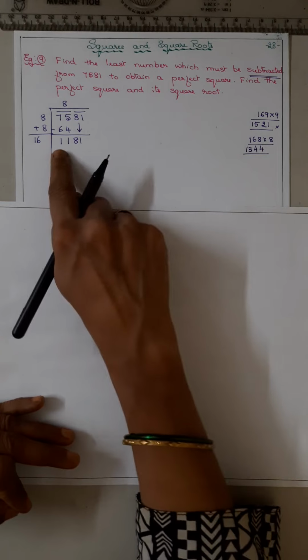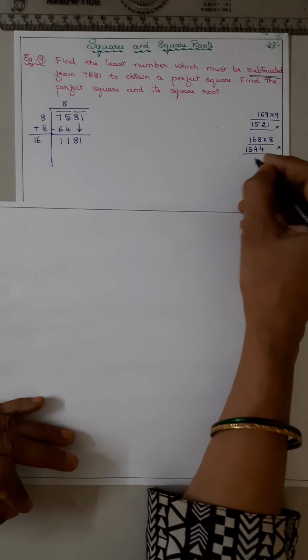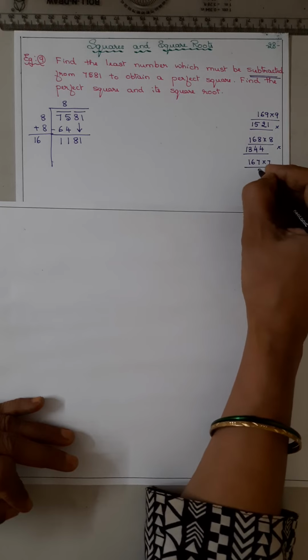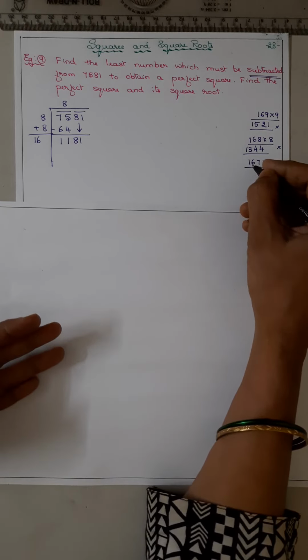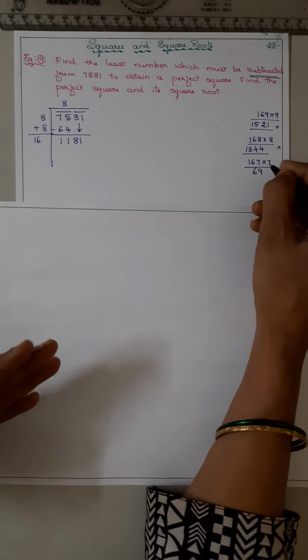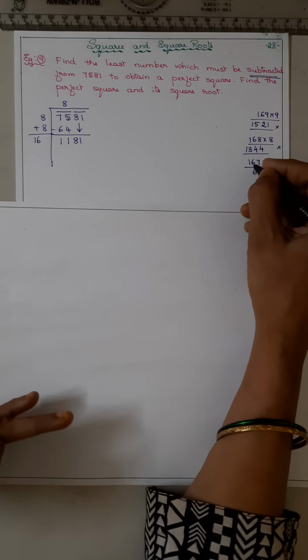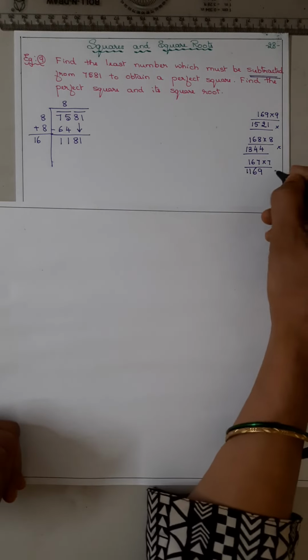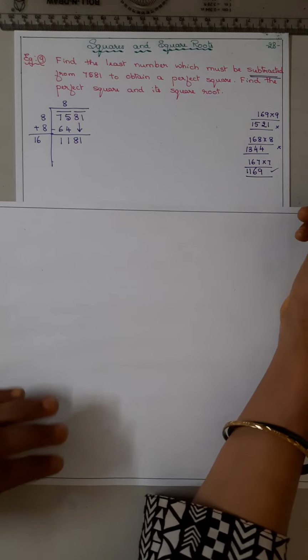Again it is a bigger number? No. So try with the 7. 7 7s are 49. 7 6s are 42 plus 4, 46. 7 ones are 7, 8, 9, 10, 11. Can you put? Yes. Okay.